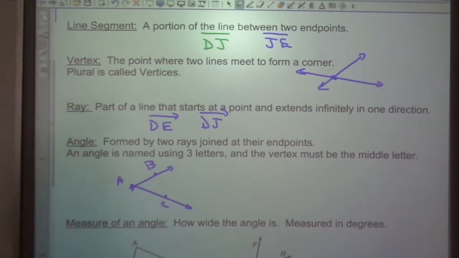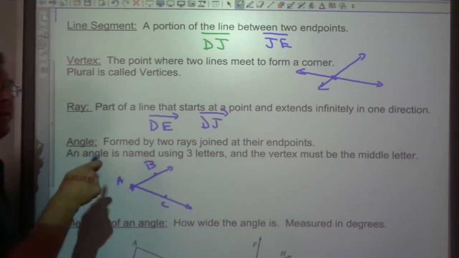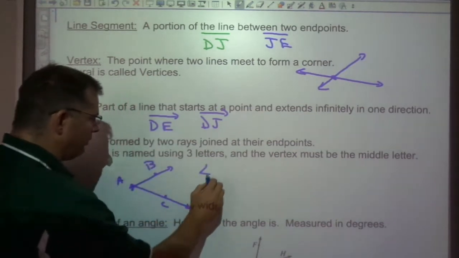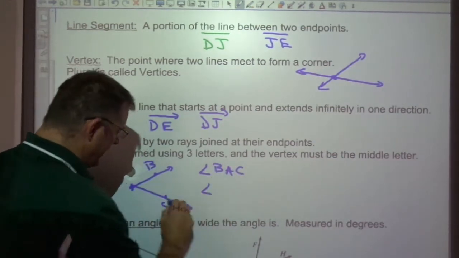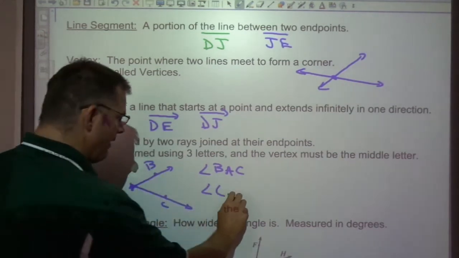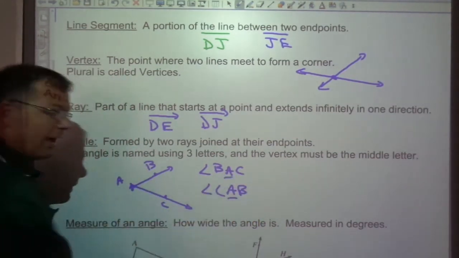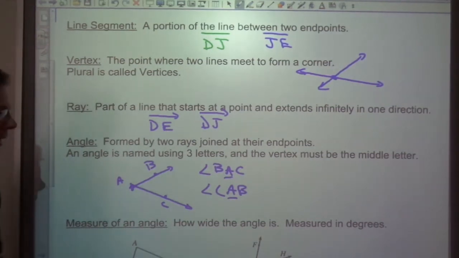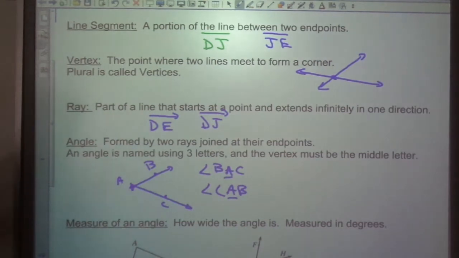And the angle is named using 3 letters, but the vertex, see there's point A, the vertex, must be in the middle. So I could call this angle BAC, or I could call it angle CAB. As long as this vertex is in the middle, I'm okay. So when I look at an angle, I better see that this middle letter is the vertex.